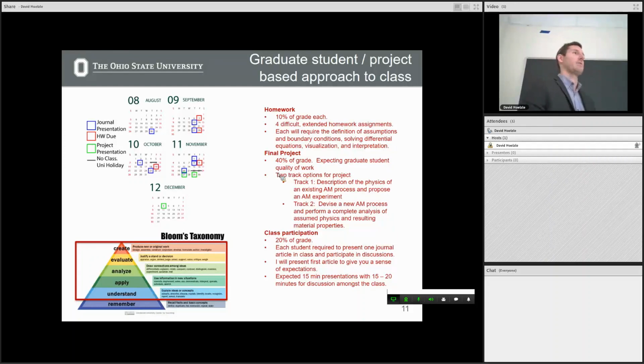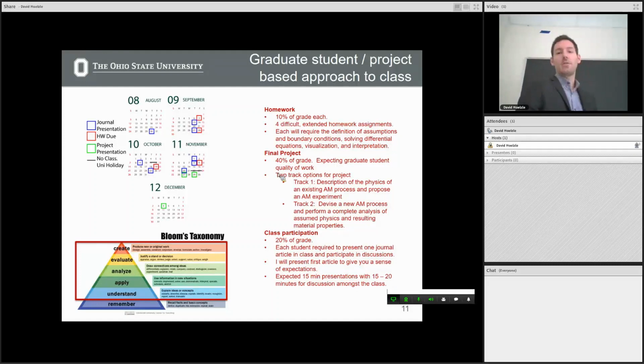So you're not actually going to do the experiment because this class comes with no budget. But you would be proposing an experiment. This experiment has to be very well founded. We'll talk about proper experiment design for AM later on the semester. So that'd be track 1 if you choose to take that one. This is groups of 2 students. So you'd be teaming up with another student.